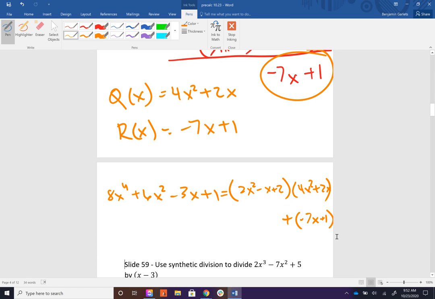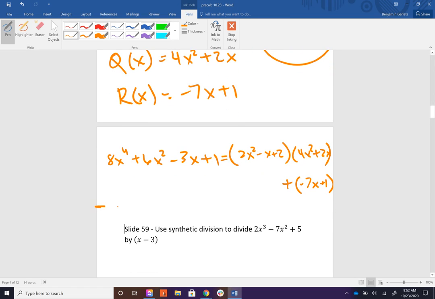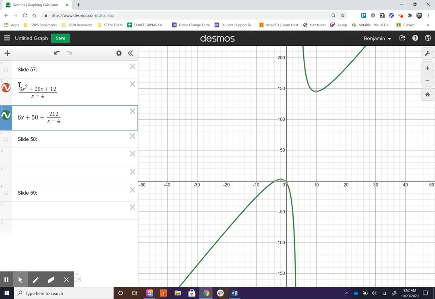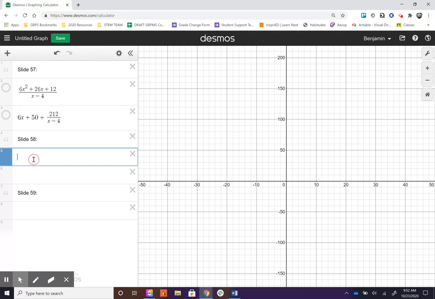All right, so with that finished, we can actually go back to Desmos and take a look at this. Let's turn these off for a second, and let's just make sure that everything shakes out.